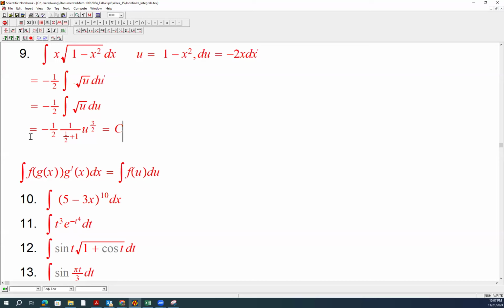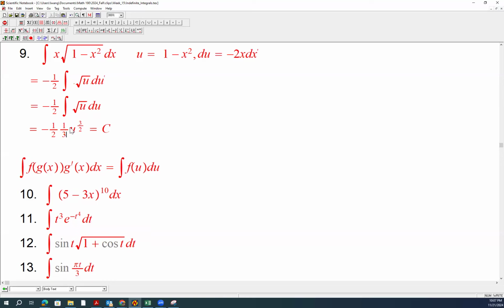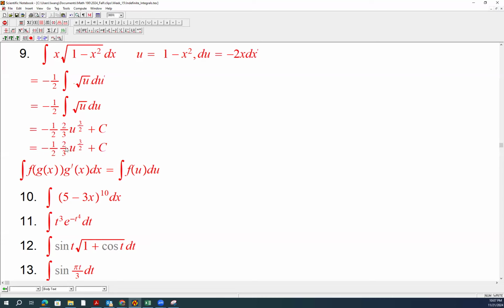And now this will be 3/2. And sorry, plus constant. And then reduce it. 2 and 2 reduce. So we got negative 1/3. Replace u by its equal. Boom. All done. All finished.